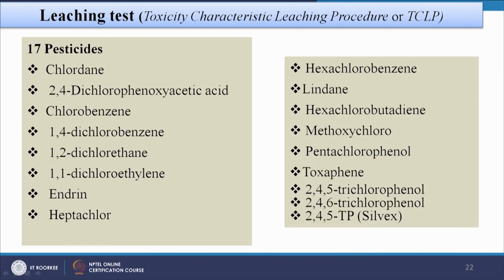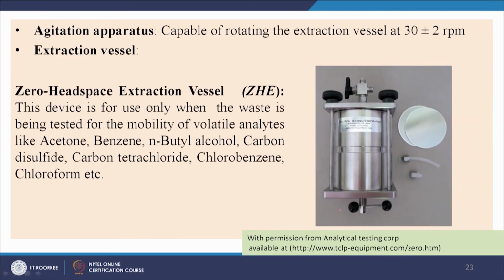Those can also be tested for leaching purposes, and for this we have two types of apparatus and two types of solvent. One apparatus is the zero head space extraction vessel. Here we are not providing any head space, particularly when we are interested in the leaching properties of components which are volatile in nature, which can be easily vaporized.